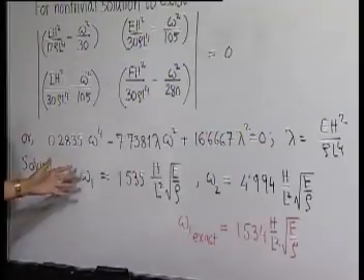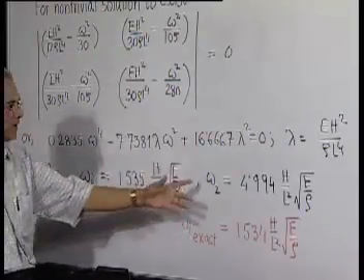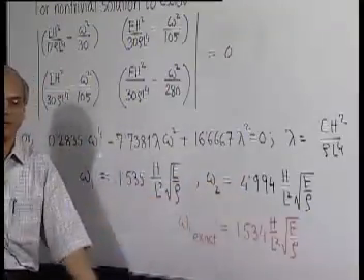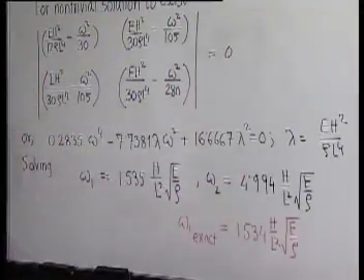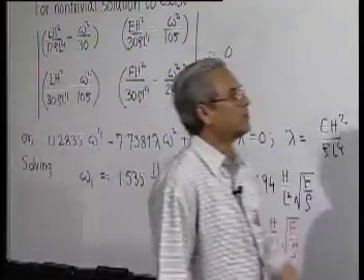So therefore, the first mode we get quite accurately. The accuracy of the second mode has to be found out by analysis, but it can be shown it is also reasonably accurate.